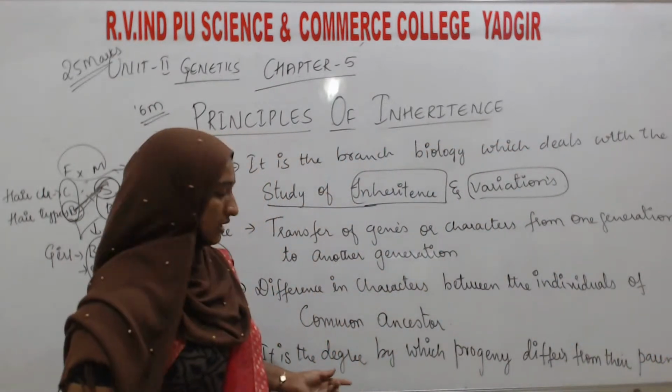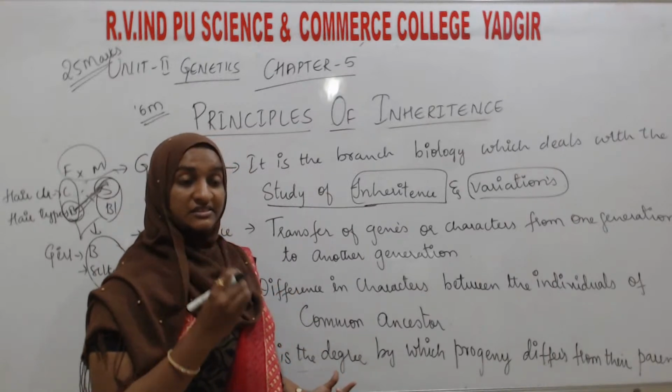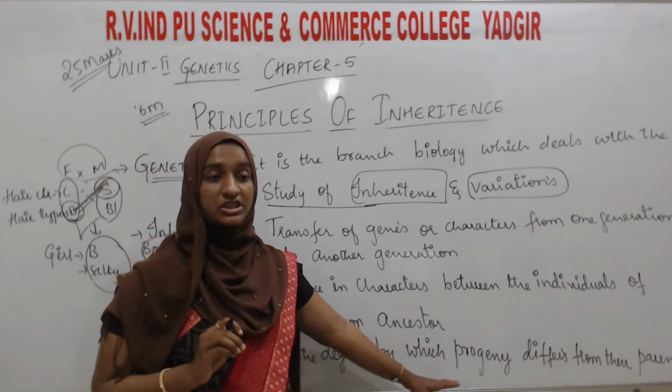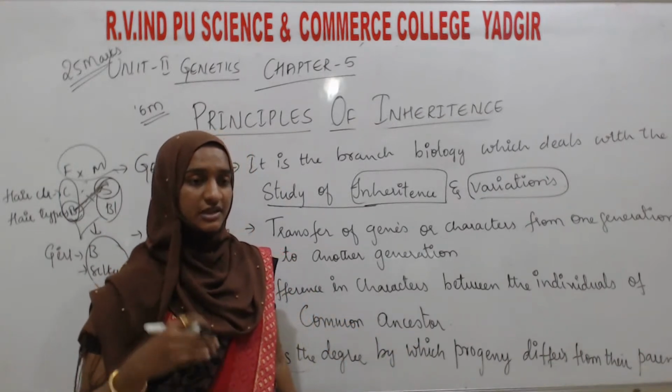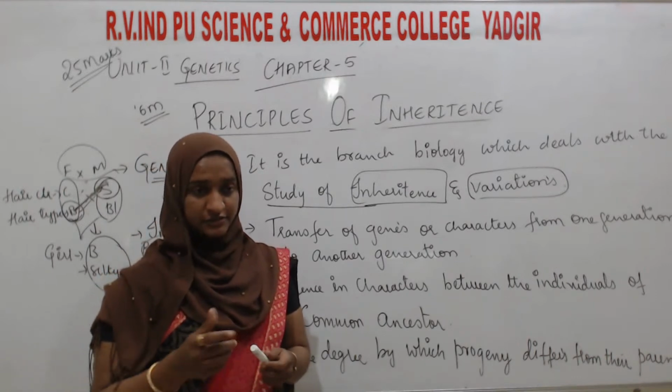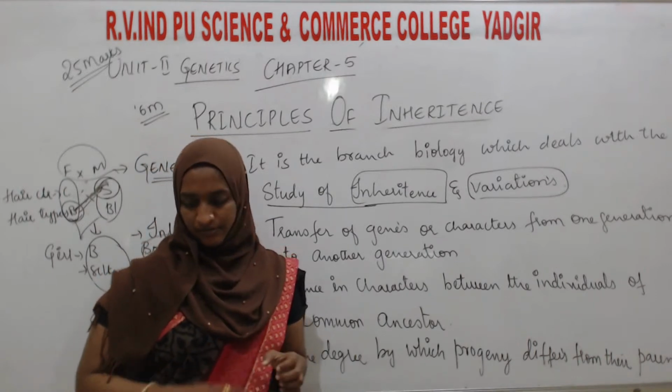So see here, it is one of the points where the progeny, meaning offspring or children, are different from their parents. Okay, next we will go for the next introduction part.